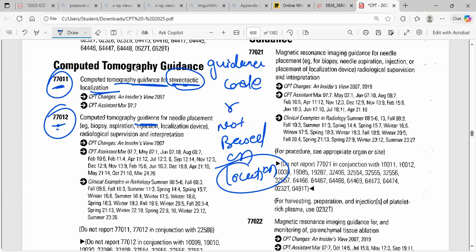So CT, any procedure, fluoroscopy, ultrasound, MRI performed during the procedure intraoperatively as in guidance, then we are going to use the guidance code only. We are not going to use the CT code separately.